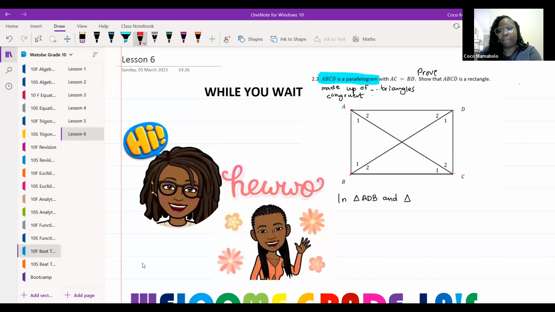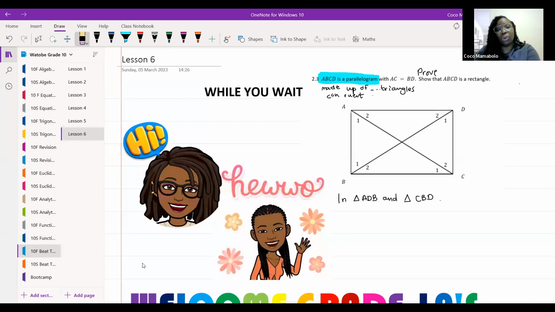So I'm going to look at triangle ABD and triangle CBD, and we're going to try and prove them congruent, because if they're congruent, then all the other sides will be equal to each other by default, because congruent means that everything is equal to the other.